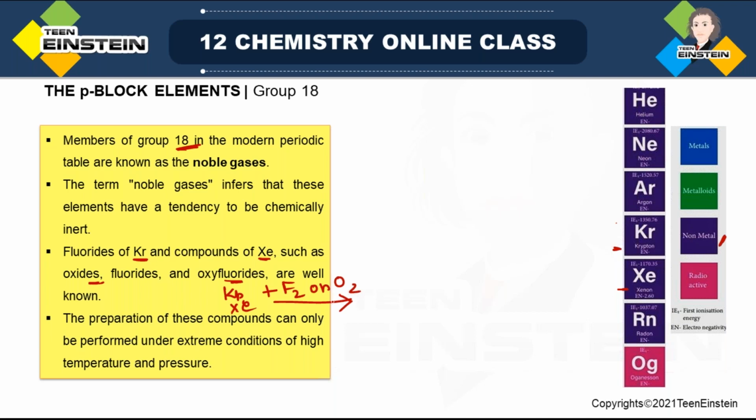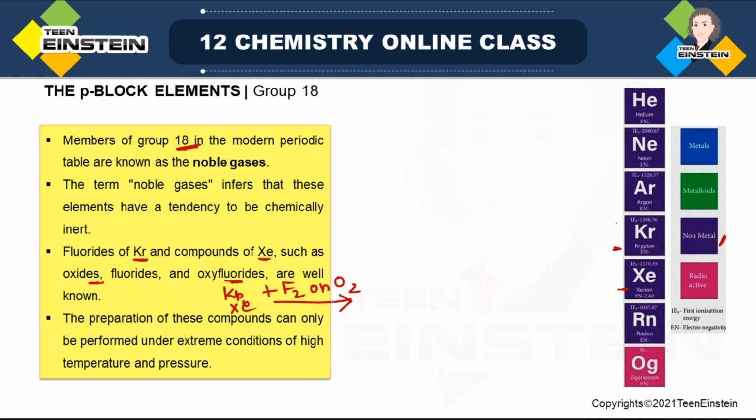Okay. Now, if you are thinking that why only compounds with fluorine and oxygen we are getting, why not compounds with other elements? Because in the periodic table there are so many elements, right? Now the reason is fluorine and oxygen. These two are the most electronegative elements in the periodic table. Now, as they are most electronegative, so they can easily remove electron from krypton and xenon.